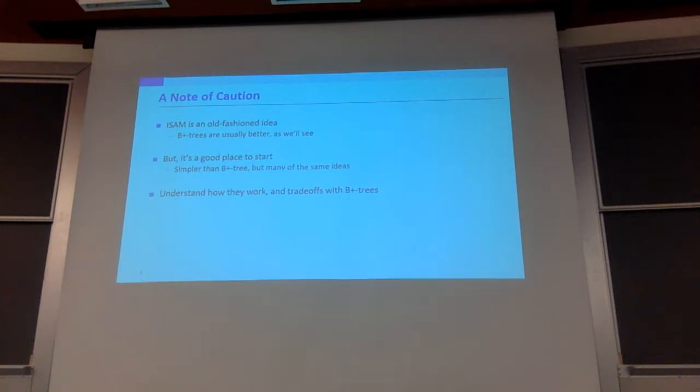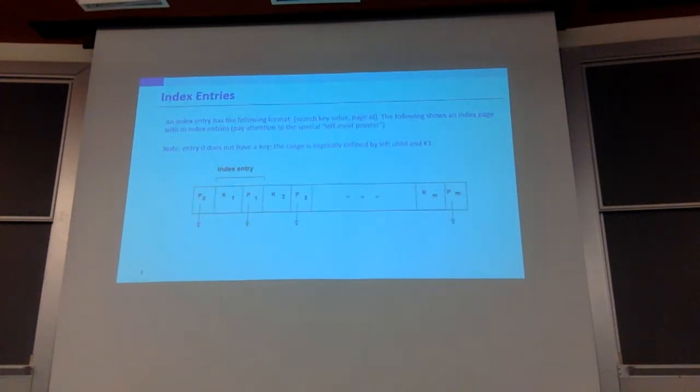But it's a good place to start. From here, you will learn how to construct a tree structure index, and also a lot of ideas copy over from ISAM to B plus tree. So basically, there are trade-offs between ISAM and B plus trees.